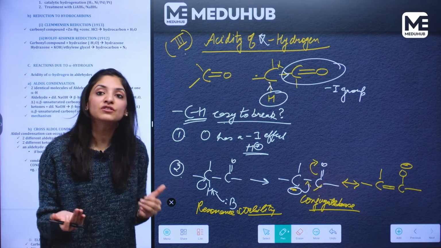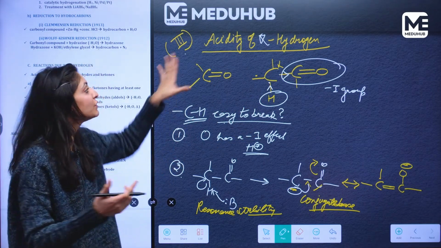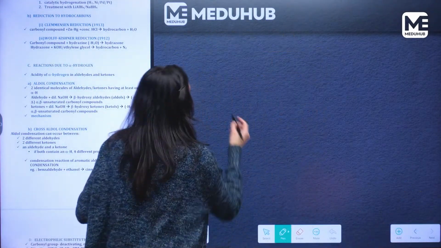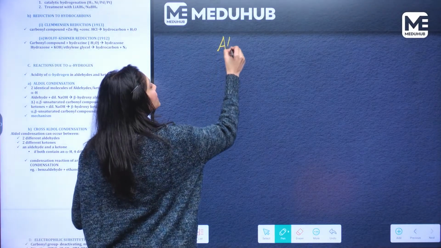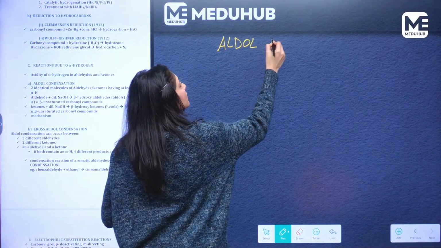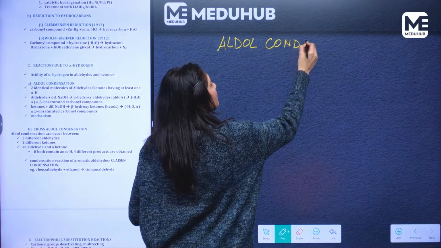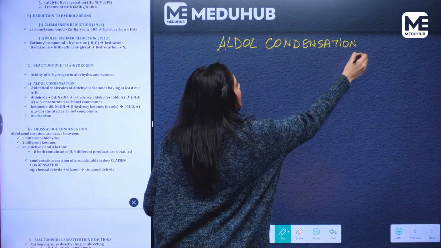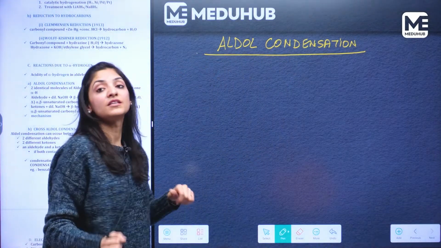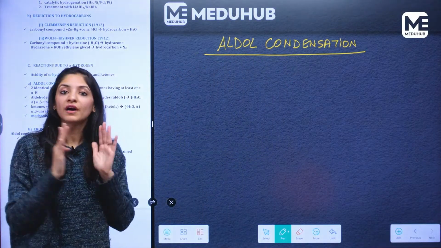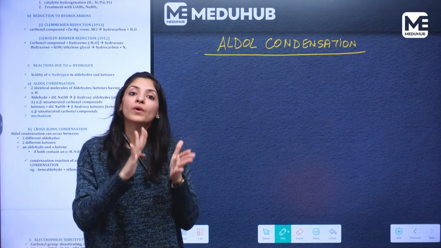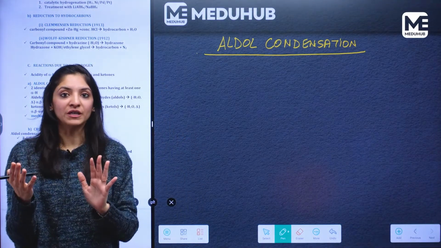Now what reactions do aldehydes and ketones undergo because of the presence of this alpha hydrogen? That reaction is a very important reaction which is called aldol condensation. In aldol condensation, two molecules of a carbonyl compound, be it aldehyde or ketone, combine together with or without elimination of a water molecule.